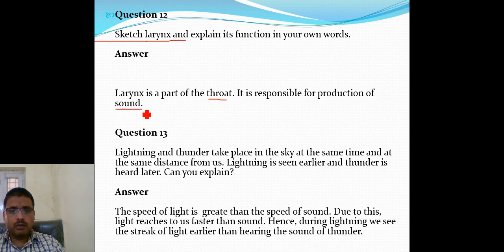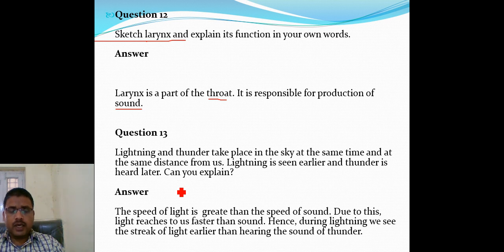And this question on thunder and lightning is related to sound. Here one thing: since the speed of light is greater than the speed of sound, whenever there is lightning and thunder at that time, we can see the light first and hear the sound after some time. Why is the sound heard after some time and light seen before?